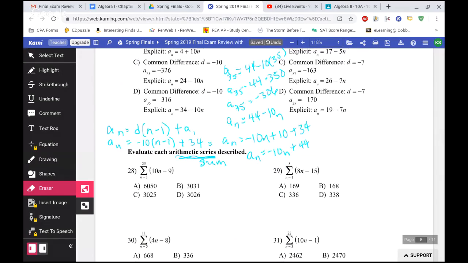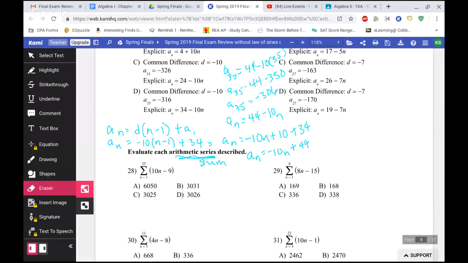Series means sum. Sequence means you're just looking for a sequence of things, but series means sum. In a specific series, I'm given a series of numbers and I'm looking for the sum, or the addition of adding all those terms together. So that's how you would distinguish them.